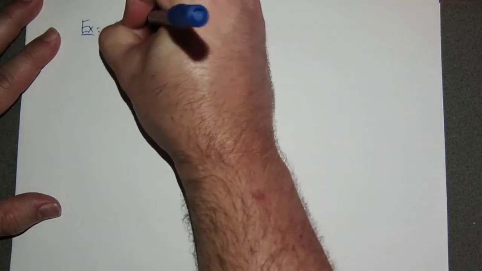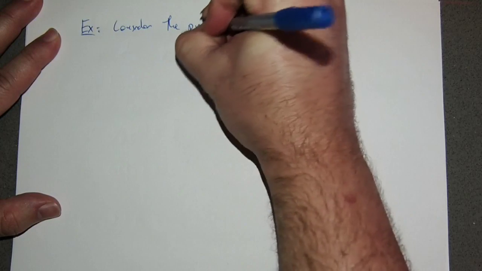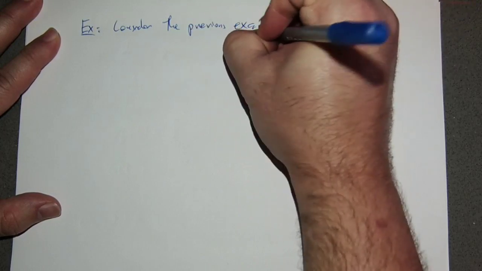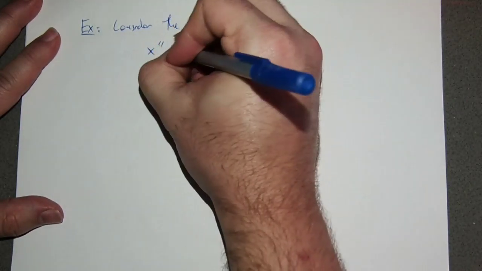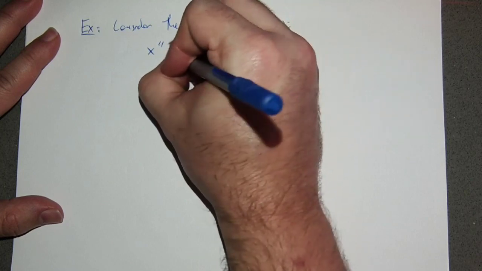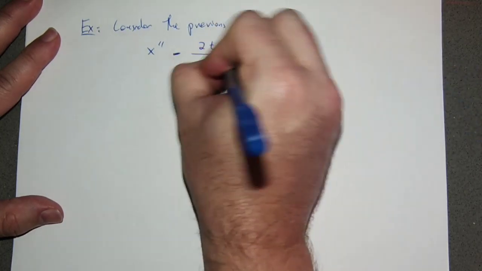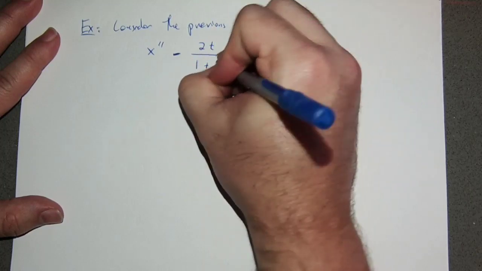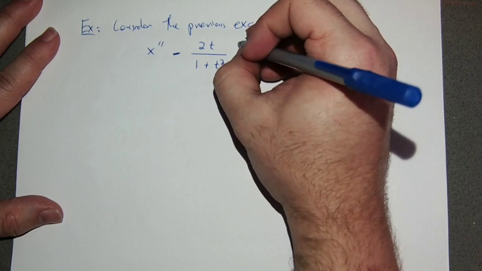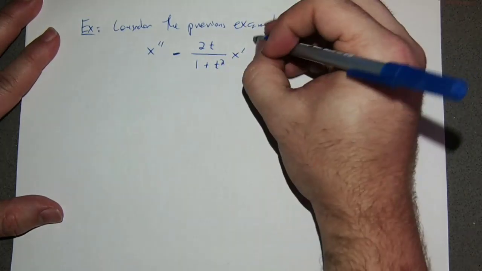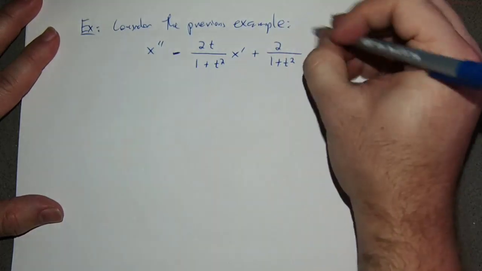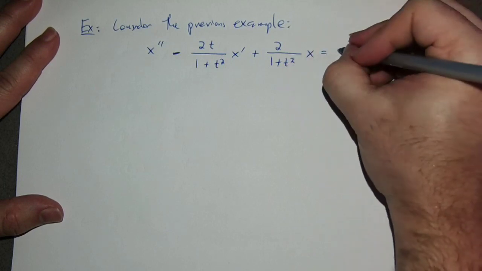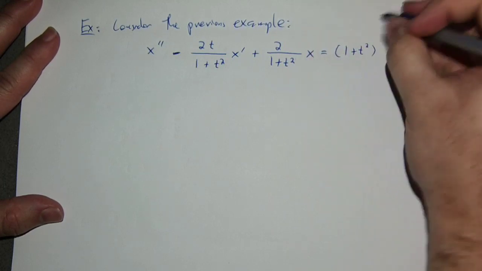So let's do the past example. Consider the previous example, and I'm going to go ahead and write it in its nicer form, standard normal form. So this was x double prime minus 2t over 1 plus t squared x prime plus 2 over 1 plus t squared x, and that is equal to (1 plus t squared) e to the t.